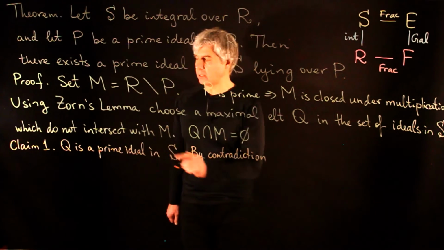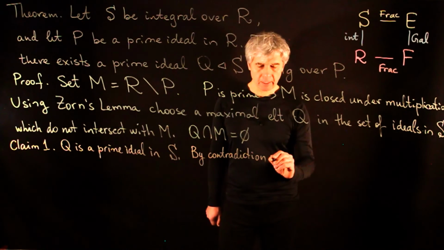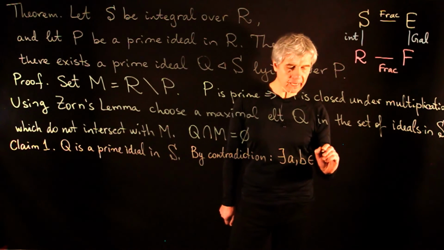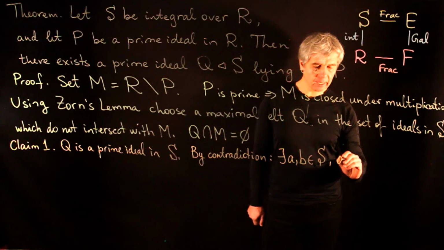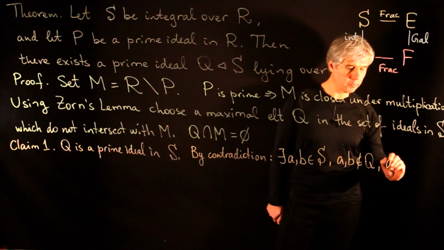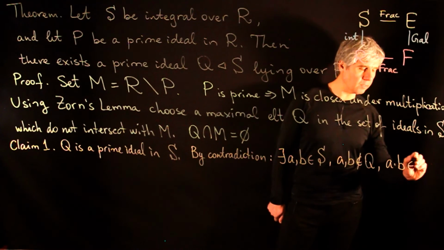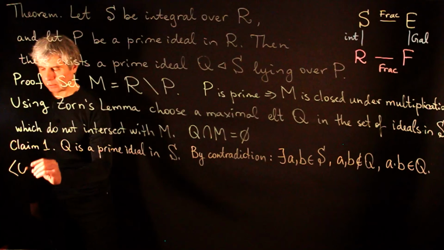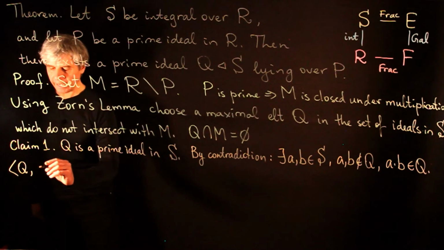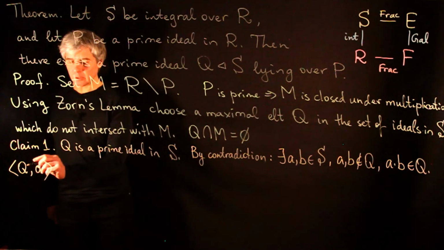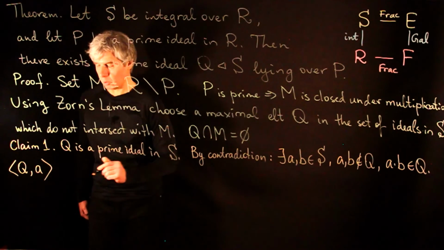So if ideal Q is not prime, then there exist A and B in S such that A and B are not in the ideal Q, but the product A times B is in the ideal Q. Consider now a big ideal that is generated by Q and an element A. This ideal is strictly bigger than ideal Q because A is not in Q.